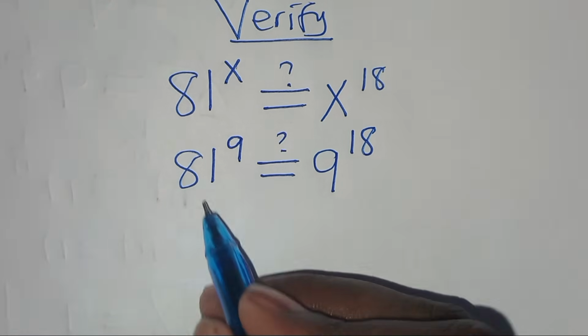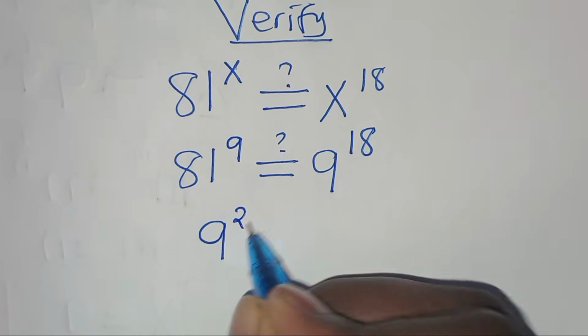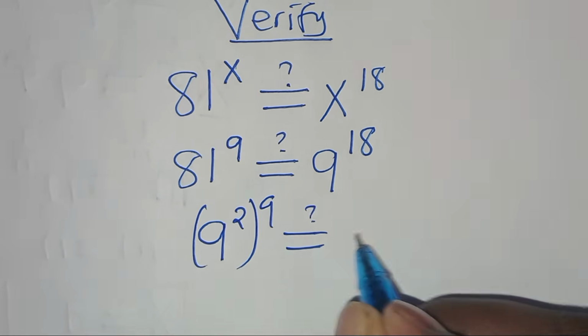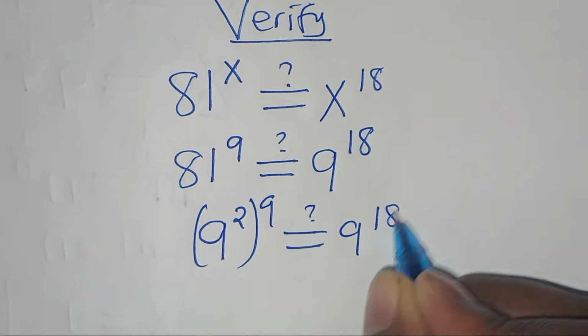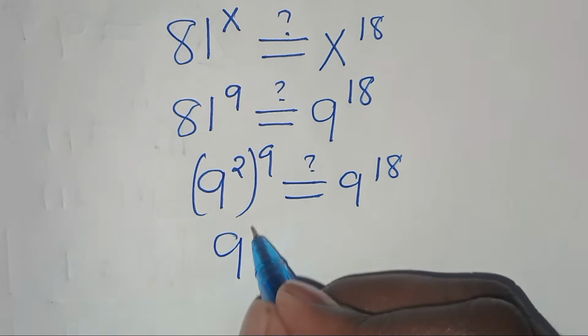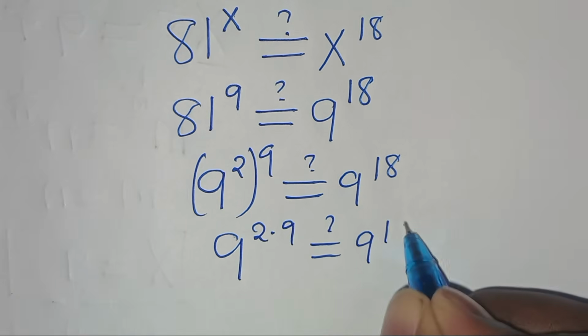So we have that 81 is the same thing as 9 to the power of 2, raised to the power of 9. This should be equal to 9 to the power of 18. So this is 9 to the power of 2 times 9, and this should be equal to 9 to the power of 18.